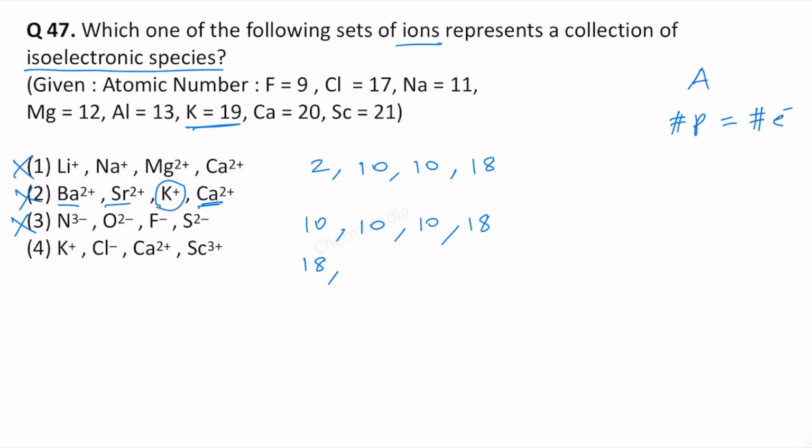Chlorine atomic number is 17, but Cl minus, therefore 18 electrons. Calcium 2 plus, 18 electrons. Scandium 3 plus, atomic number for scandium is 21, so we are removing 3 electrons. That means that will also have 18 electrons. Therefore, option 4 is correct.